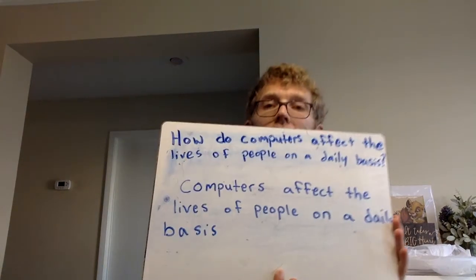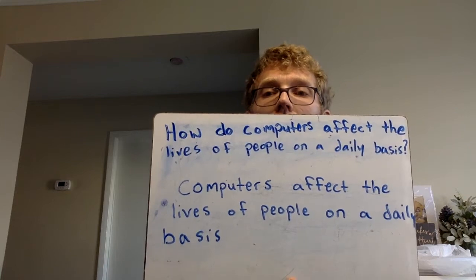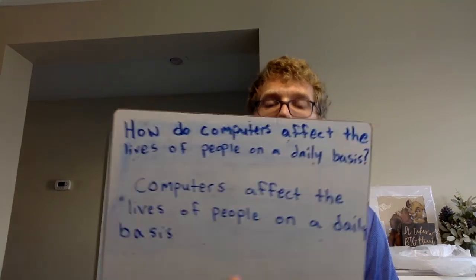So I'm taking my question, how do computers affect the lives of people on a daily basis? And I'm turning it into my CI. The word how has a shoulder partner. Call it a shoulder partner because it's using the same letter, and its shoulder partner is the word ways.